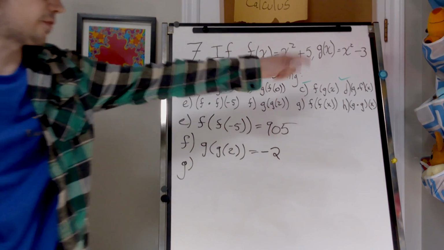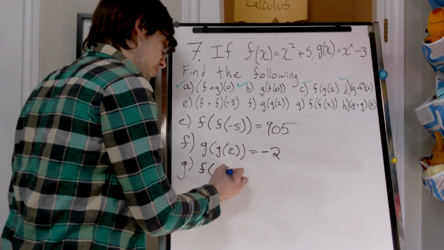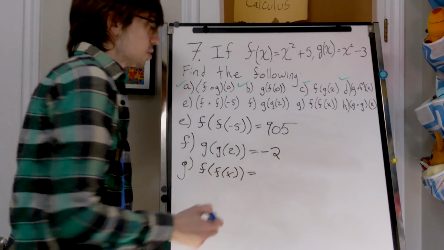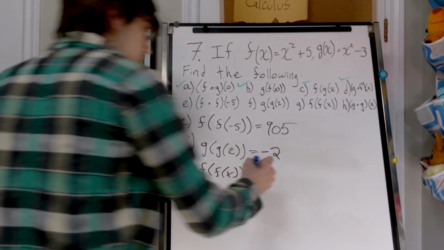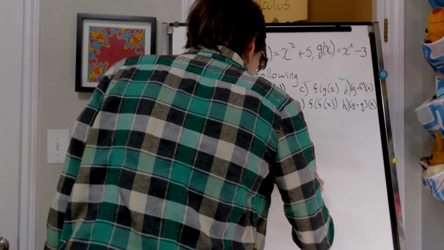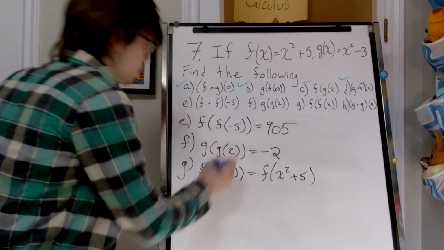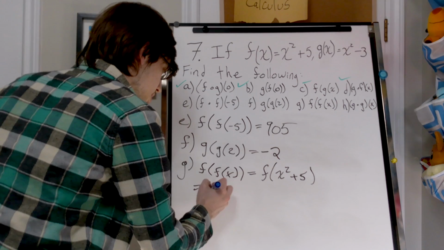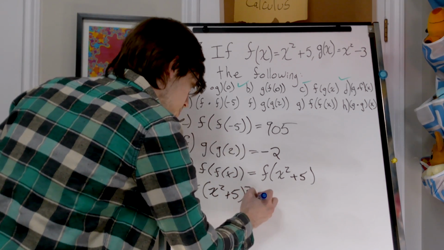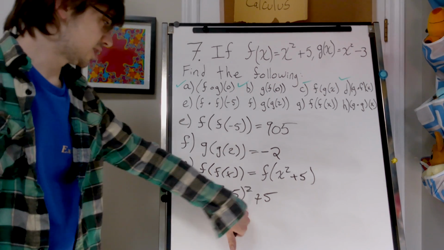F of F of x. So we just plug the whole thing in to one of them, and then we do it again, which will be, say, bracket x squared plus 5 squared plus 5. We've already seen what this is.